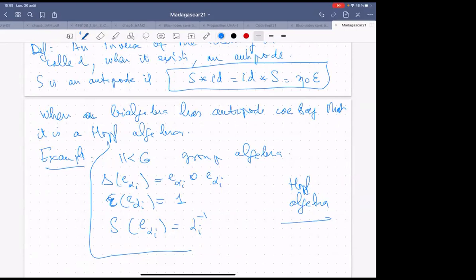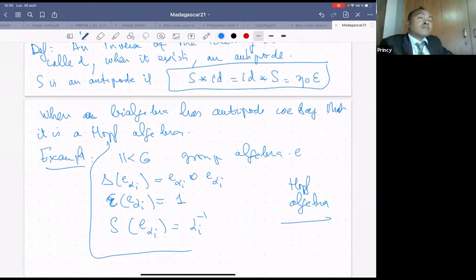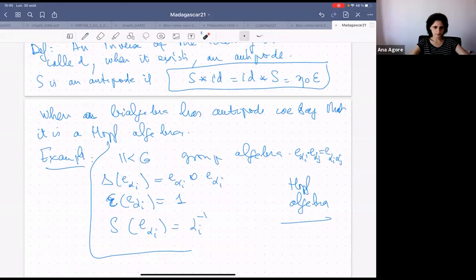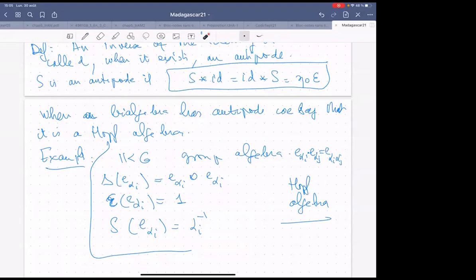You mean for this example, the product is just e_alpha_i times e_alpha_j, which is e_alpha_i alpha_j, and here we are using the multiplication in the group. This is the product. No, I'm talking about the C^n and R^n, not the group algebra.